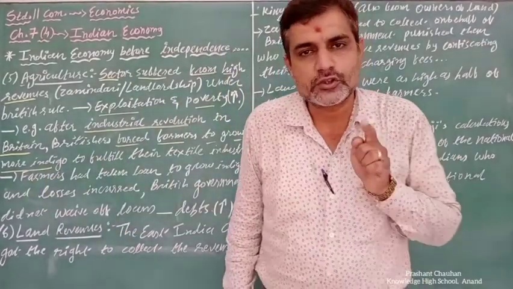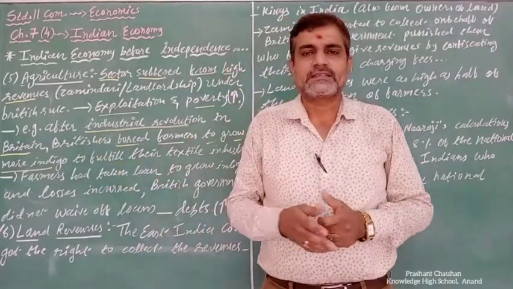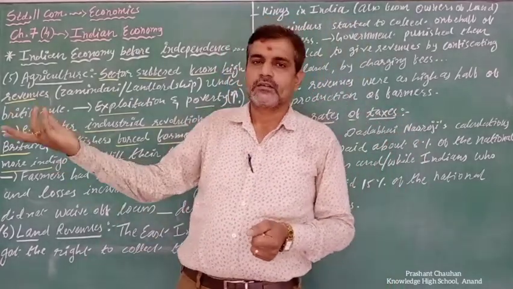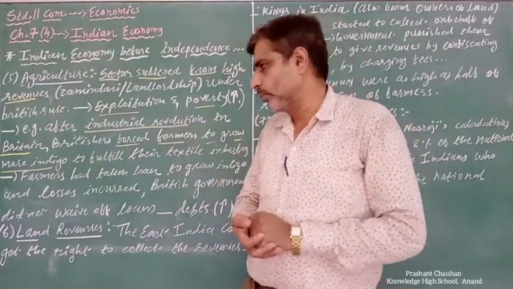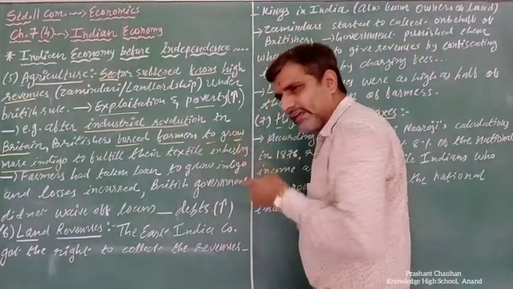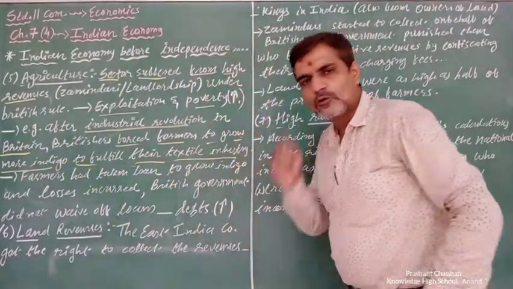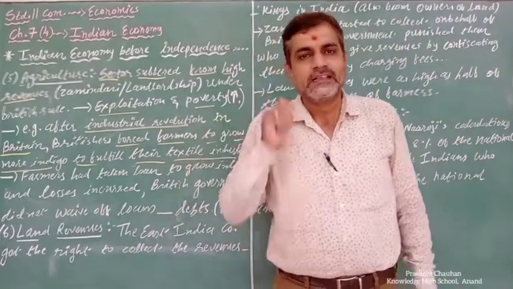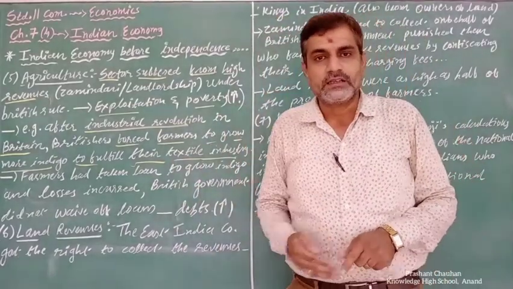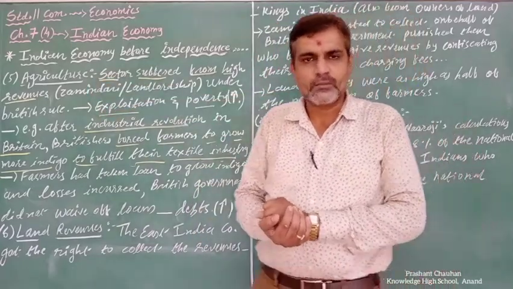You know that indigo is very useful as a supplementary, supportive thing for the textile industry. It has a particular use, so taking it out of the agriculture sector and giving it to factories is helpful for textiles. We are not going into detail, but simply the Britishers forced the farmers to grow more and more indigo to fulfill their textile industry. They wanted to fulfill their textile industry because raw material is always there, at that time and still today, from our country, because we are totally dependent on the agriculture sector and it is an agrarian country. We are an agriculture-based country.